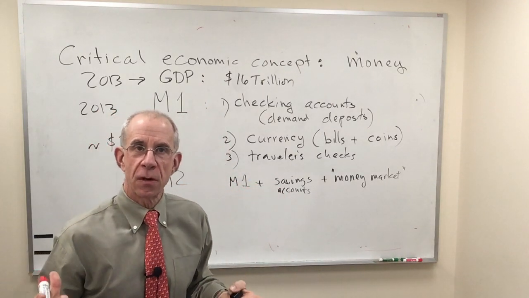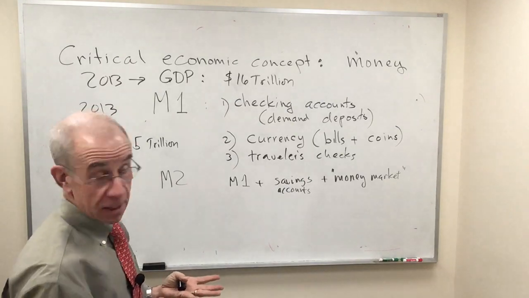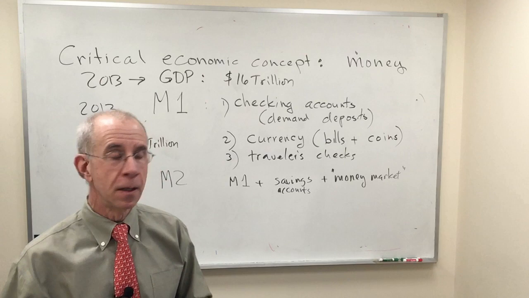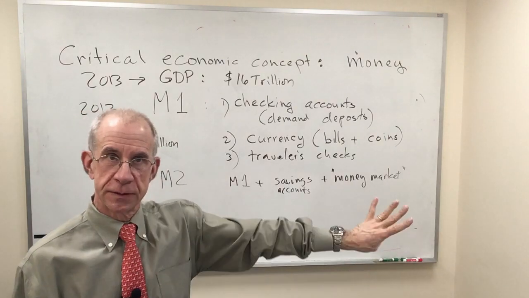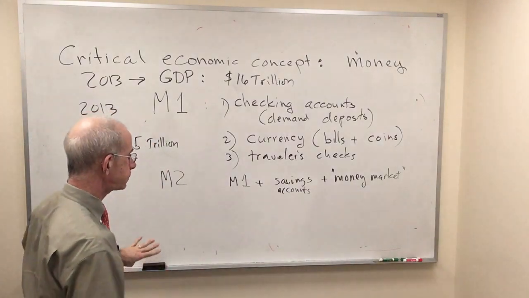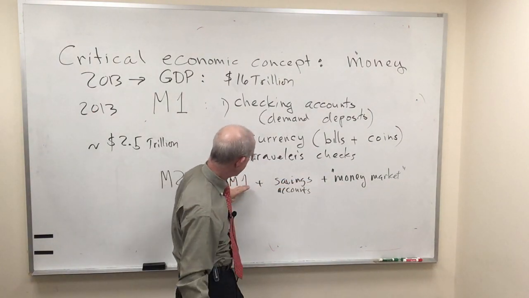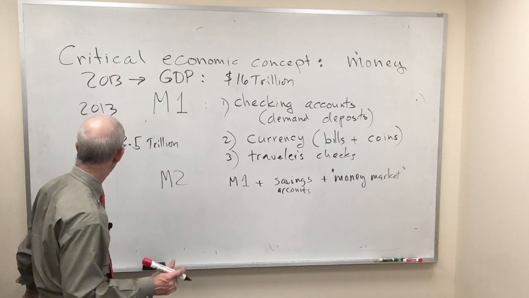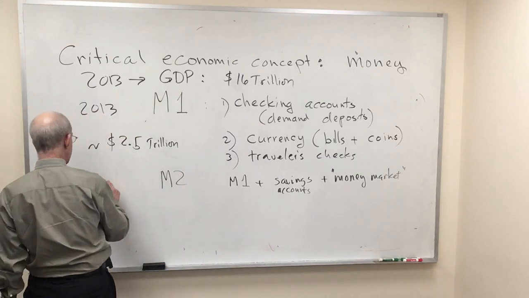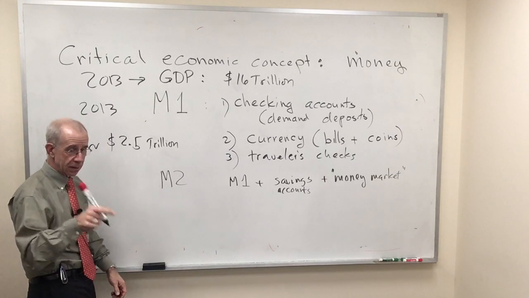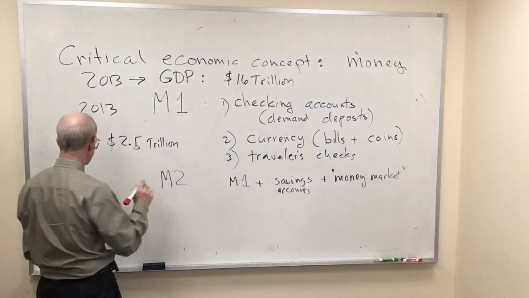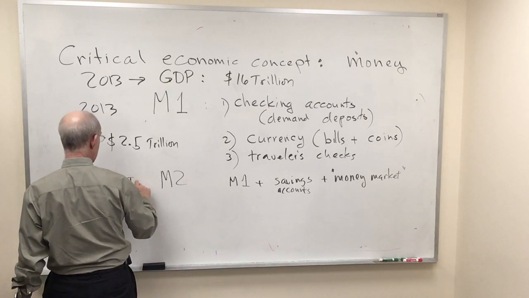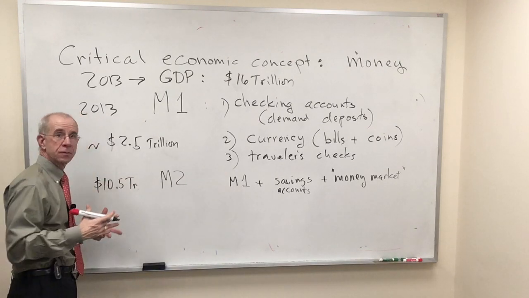Instead, it's kind of short-term, essentially a checking account for all practical purposes, held in a mutual fund for investments. Okay, so set that aside for now. But if you add these two, plus a few others that I don't want to address, in 2013 it was about 10.5 trillion. So much larger.